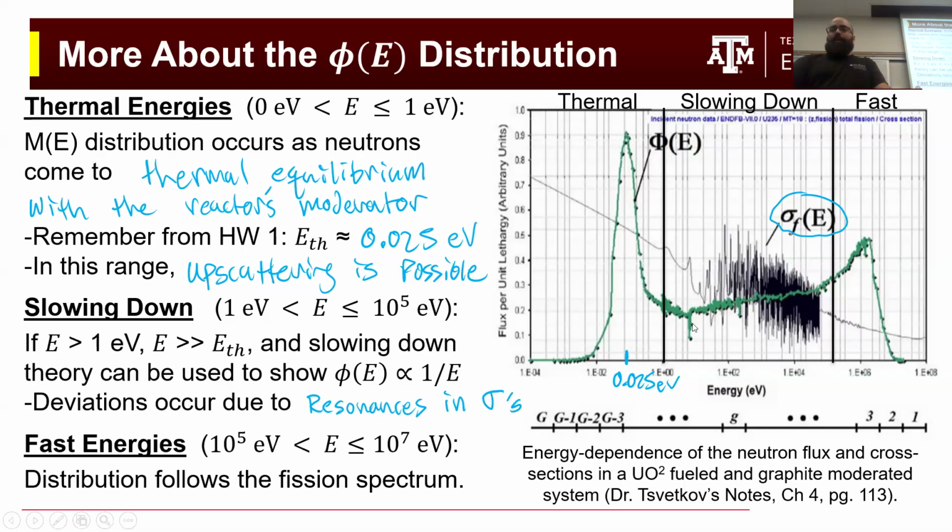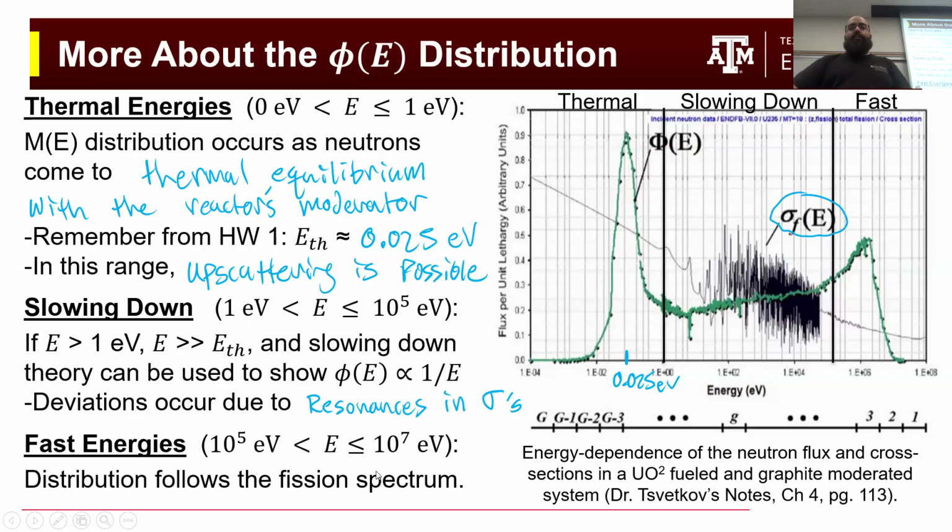So that's just helping you better understand why there's those weird wiggles. It's because our cross sections are energy dependent, which means our reaction rates are energy dependent, and that means that our energy distribution is going to have some of those artifacts as a result.